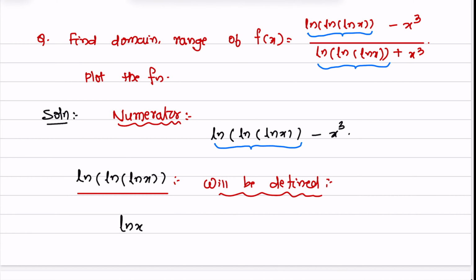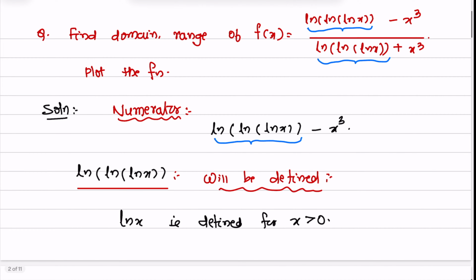ln x, from the elementary logarithms, we know ln is nothing but natural logarithm. ln x is defined for x greater than 0. If x is less than 0, if x is negative, ln x is not defined because logarithms of negative values are not defined. Please understand.